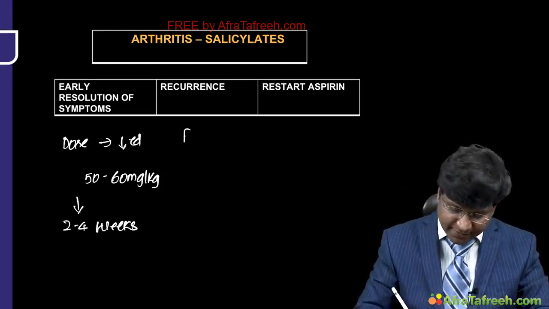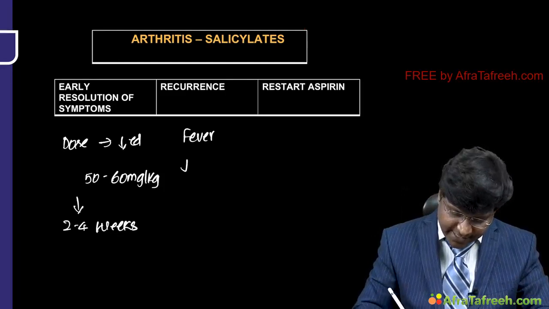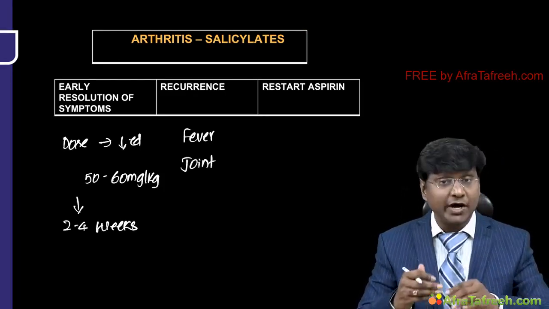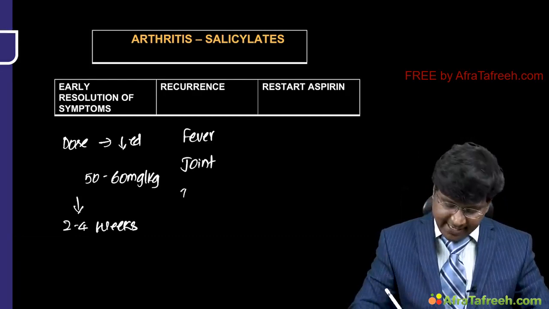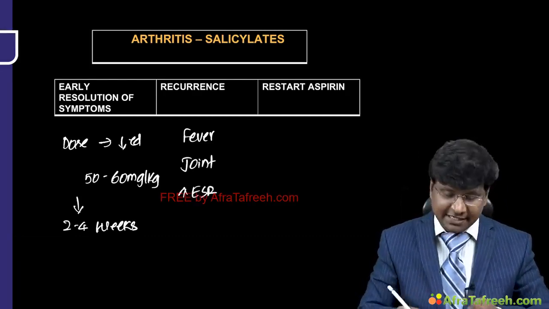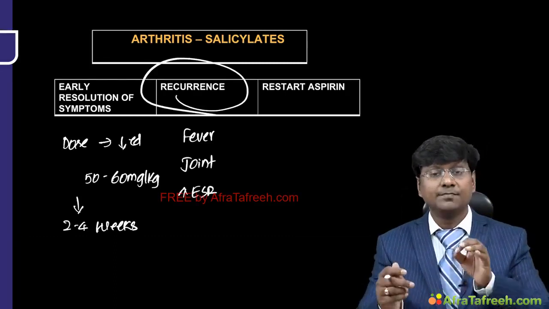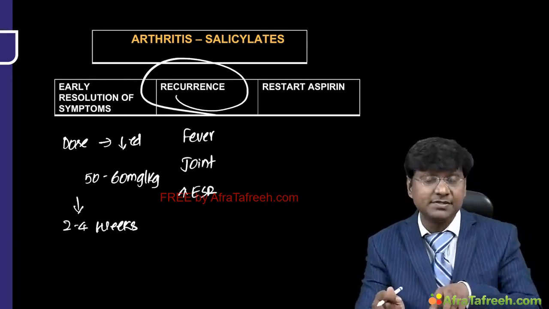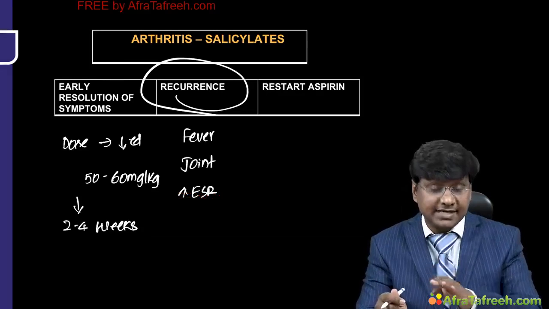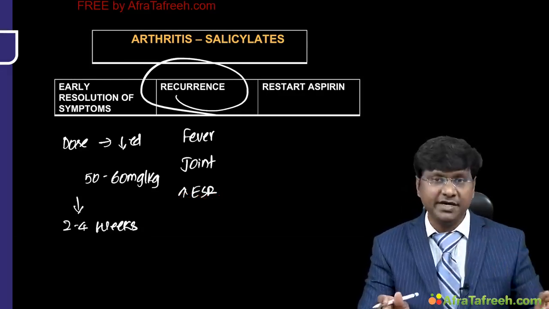But the point you have to remember is, once you stop aspirin, fever as well as the joint manifestations and elevated ESR may appear back. There can be recurrence, right? These symptoms recur up to 3 weeks after the medication is discontinued.